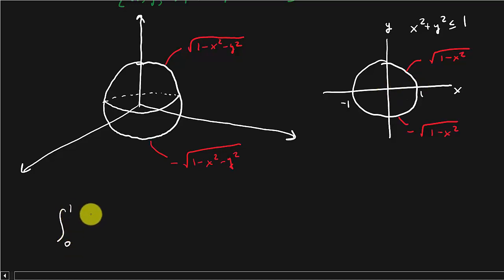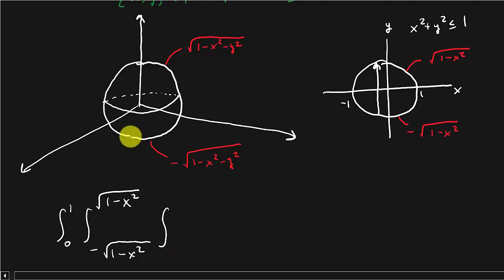And then if we integrate with respect to y, that's going from here to here, so that's negative square root of 1 minus x squared to square root of 1 minus x squared. And then this last one, we're integrating the sphere, which is going from here to here.